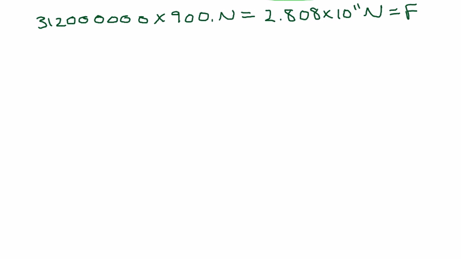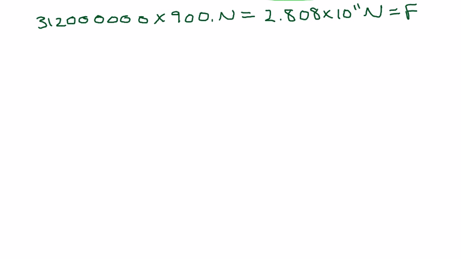And they all jump at the same time in the same place with an average force of 900 newtons. So we're going to take 312,000,000 times 900 newtons to get our total force, which is going to be very big. It's 2.808 times 10 to the 11th newtons. That's going to be equal to our total force here.